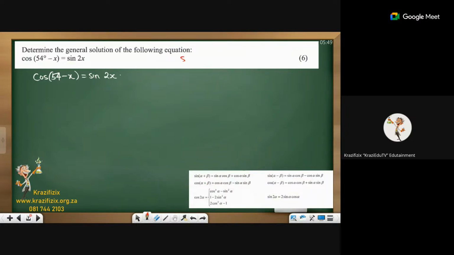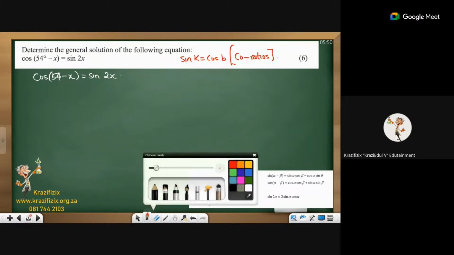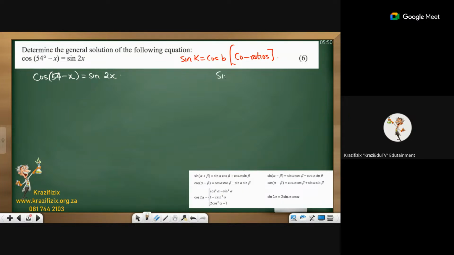So I'm saying when you have sine equal to cos, change either the left or the right to sine or cos. We know that for sine theta, if I want to change, I must introduce 90 minus theta. Or if I have cos theta and I must introduce it, which means I can change both of them.